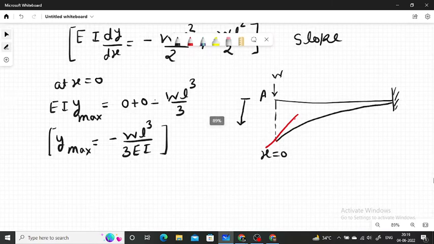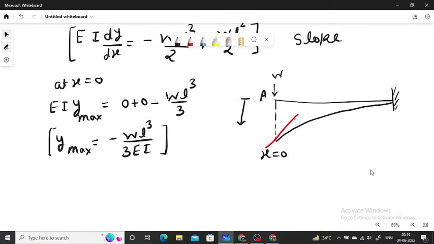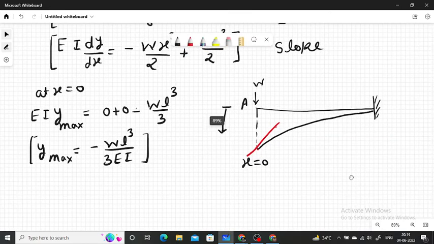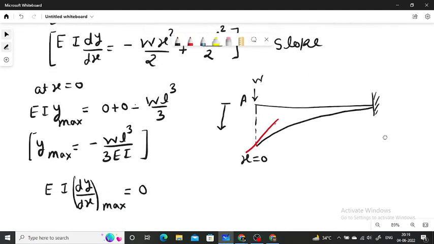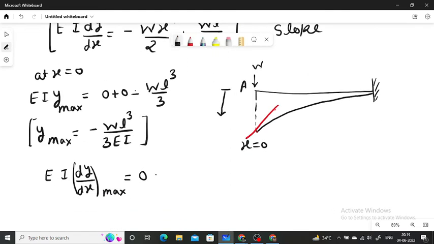Now from the slope equation, the slope will be EI dy by dx. This will be the maximum slope at its free end, 0 WL square upon 2 plus WL square upon 2.